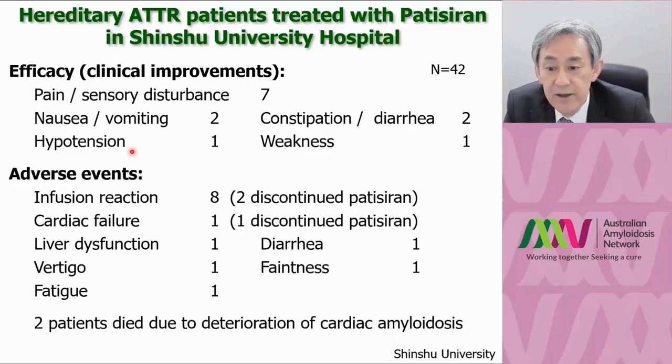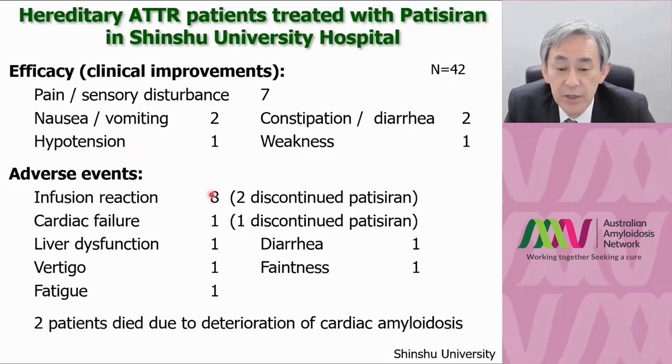Regarding adverse events, 8 patients had infusion reaction and 2 of them discontinued patisiran. 1 patient discontinued patisiran due to deterioration of cardiac failure. 2 patients died due to deterioration of cardiac amyloidosis.